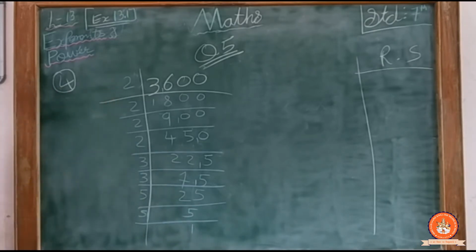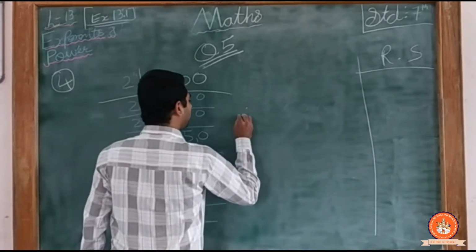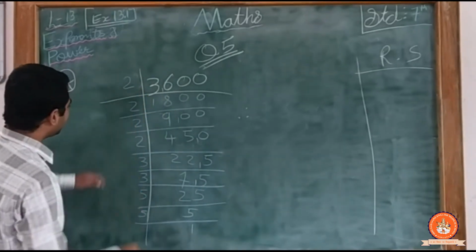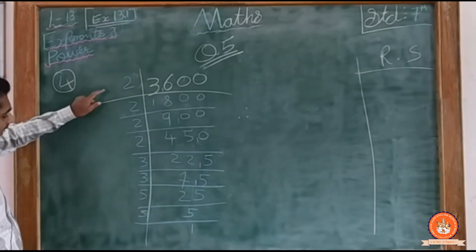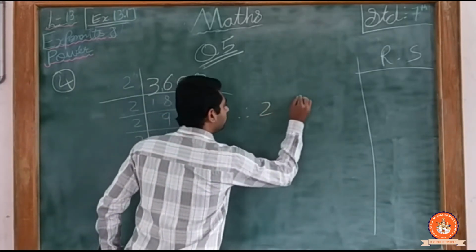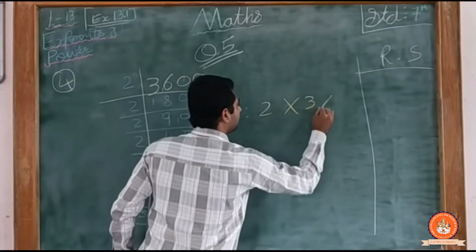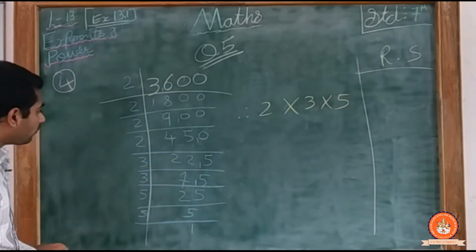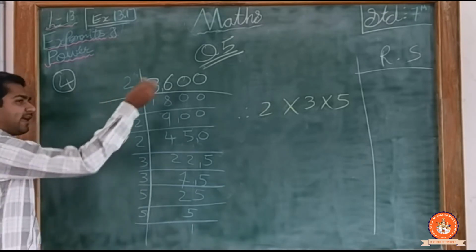I solved this. Now write in exponential form. So I will see how many numbers I used. I used 3 numbers, 2, 3 and 5. We used these 3 numbers. So now we have to write the exponent.